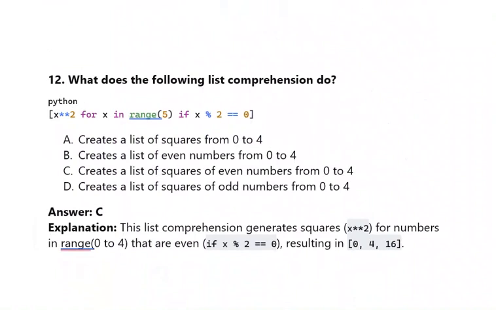What does the following list comprehension do? x to the power 2 for x in range(5) if x modulus 2 equal 0. Create a list of squares of even numbers from 0 to 4.